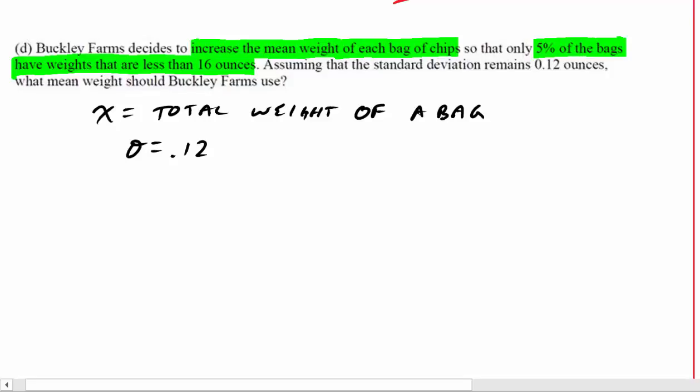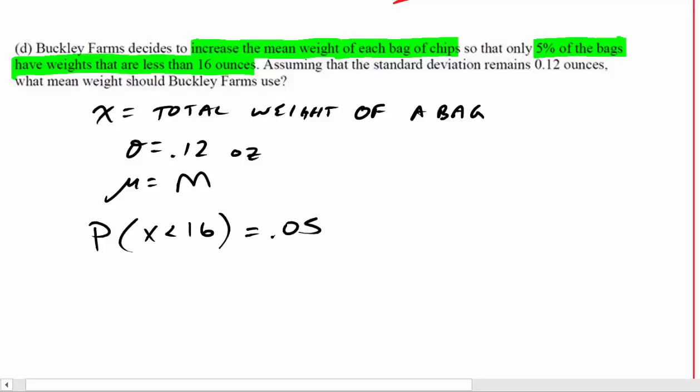The standard deviation is still 0.12 ounces. What we don't know is our mean, and we'll call that capital M. We want to find the value of M so that the probability that x is less than 16 equals 0.05, because that's what this is saying. Only 5% of the bags have a weight less than 16 ounces. So we're translating that into an expression.